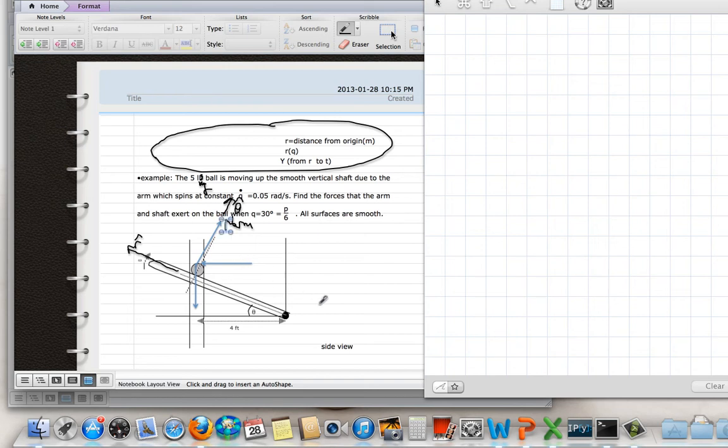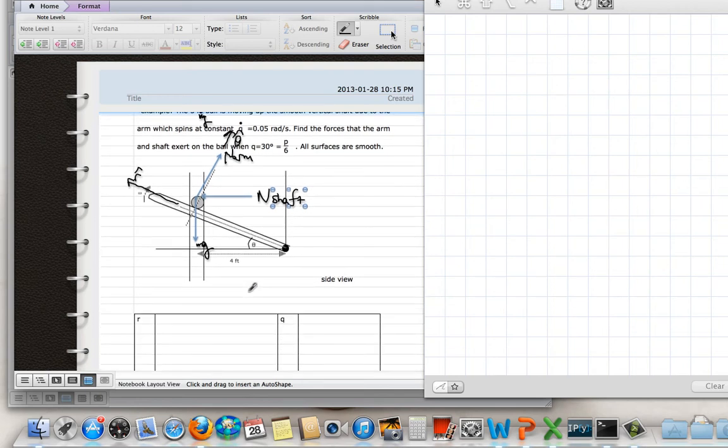Now, it's a vertical shaft, so we're also going to have a force of gravity. There's the force of gravity right there, that's mg. And then there's going to be a force from this groove, or this shaft, and let's call that the normal force from the shaft. Now we want to write force equations for this. We're going to need to resolve gravity into components.